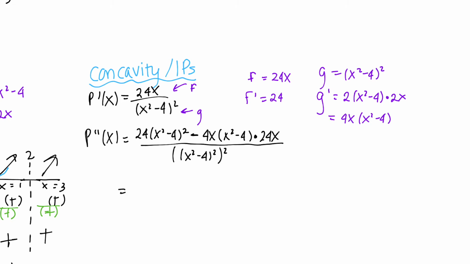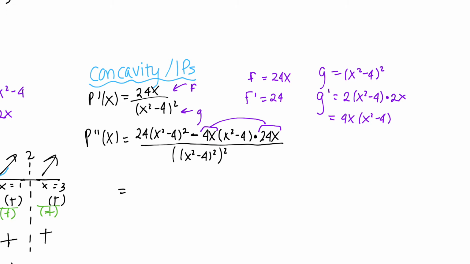Now, because these have an x squared minus 4 in common, I'm not going to FOIL this out. I'm not going to distribute here. I am going to combine these together.